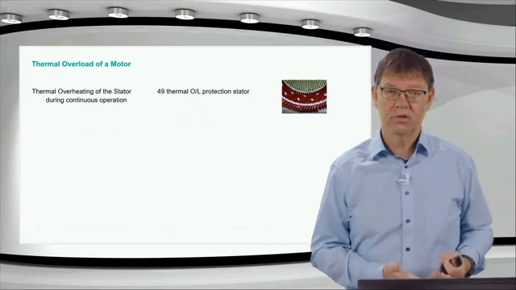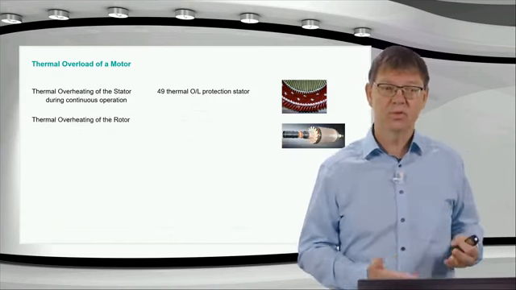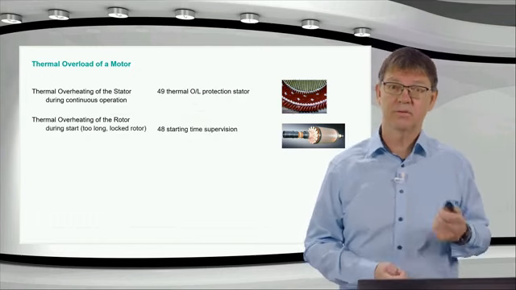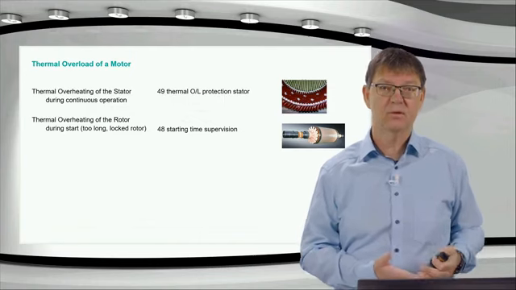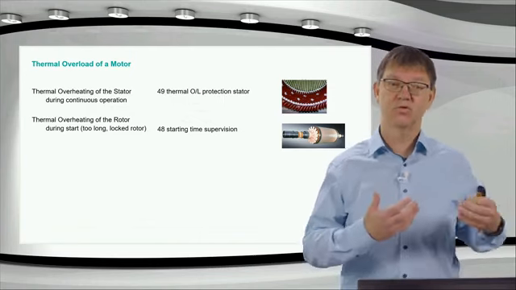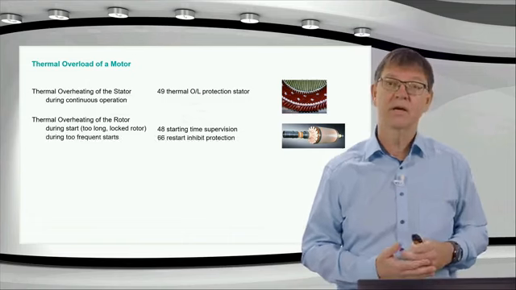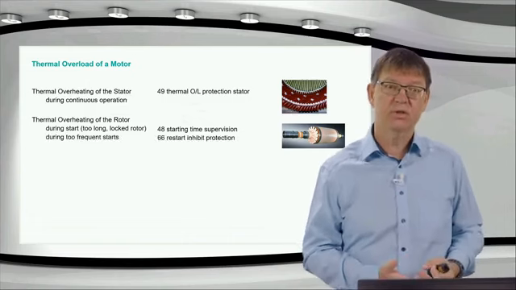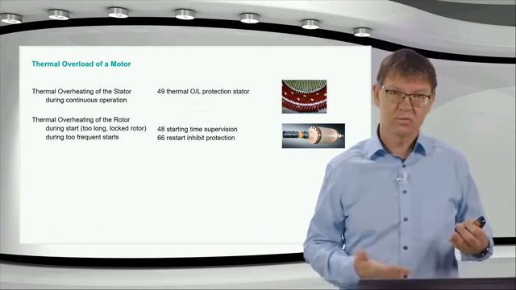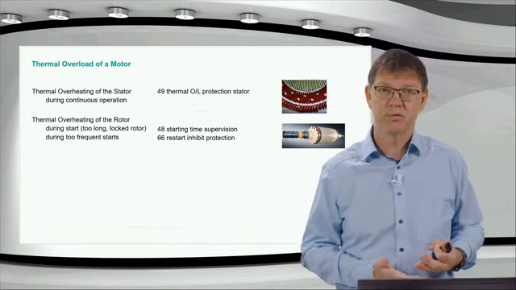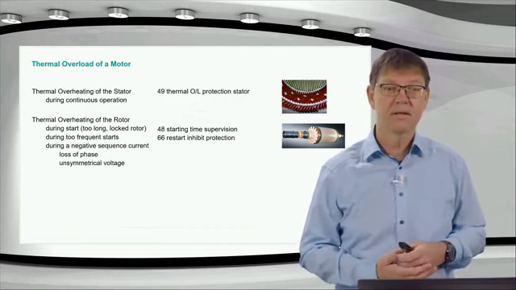Therefore, we have the thermal overload protection stator function. Then for the rotor, thermal overheating of the rotor, there we have on the one hand the starting time supervision, and this is if the start is too long or if we have a locked rotor situation. And we have a second function which is against too frequent starts in a row. This is what we call restart inhibit protection. You see also the ANSI numbers here in front of these functions.